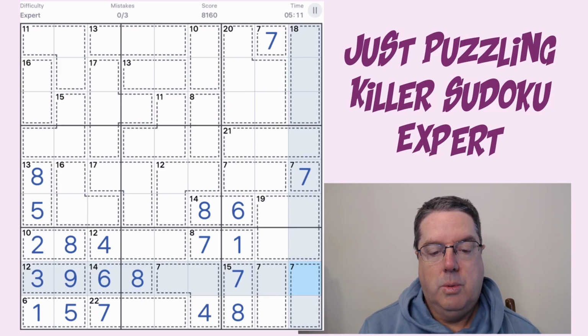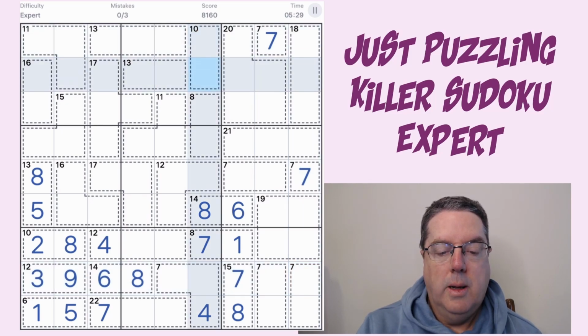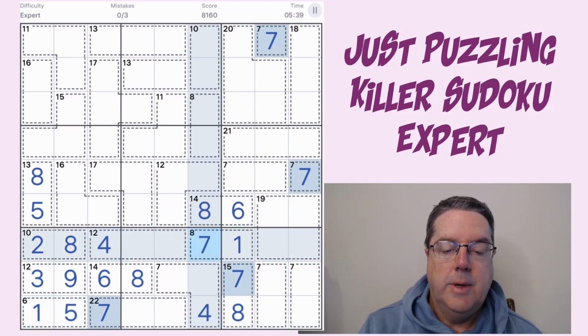Okay, so what else have we got? 7 and 4, 2 and 5, 5. Okay, 5 and 3. How else are we looking? So here is 9 and 1. Okay, so the numbers that make up a 10 cage are 1 and 9, 2 and 8, 3 and 7, 4 and 6. 4 and 6 is out, 7 and 8 is out.